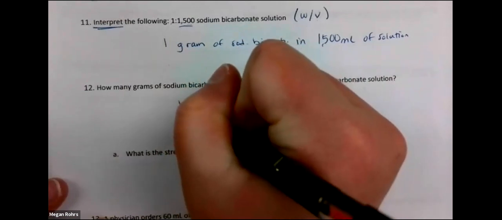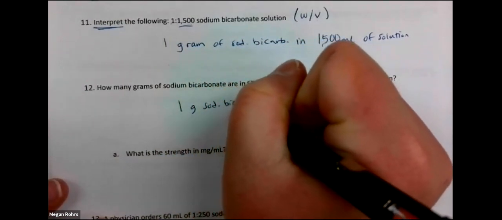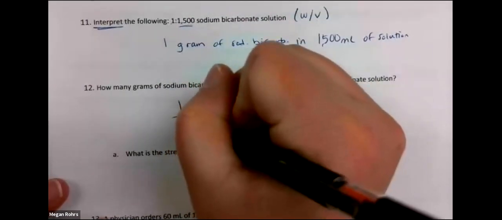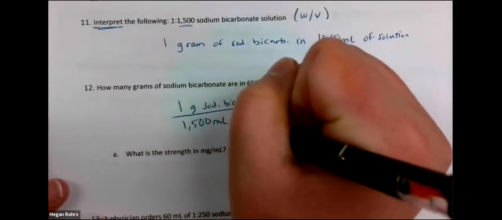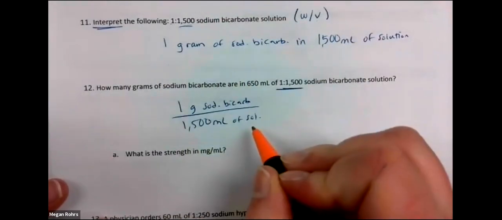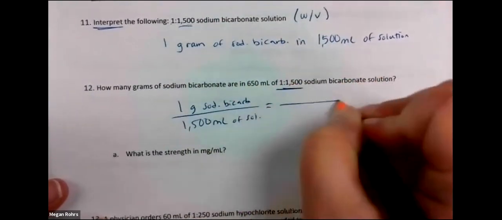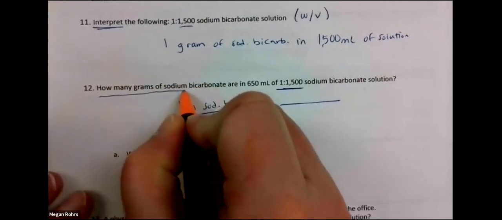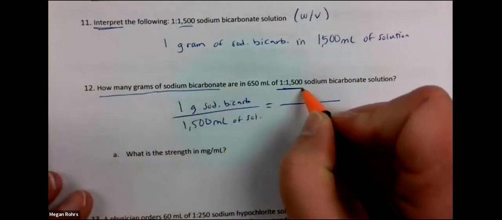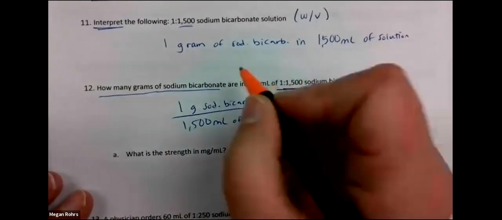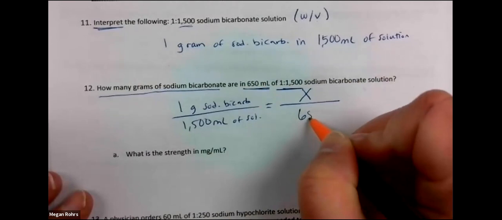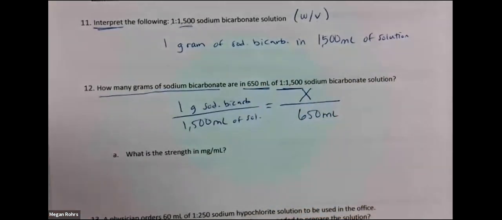So we know that there's 1 gram of sodium bicarb in every 1500 mils of solution. Now we're going to set that equal to what we're looking for. It says how many grams of sodium bicarb. So I know my x is going to be on top, and I have 650 milliliters of solution. So now I can solve for x.